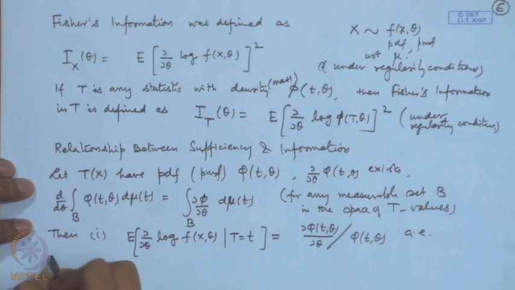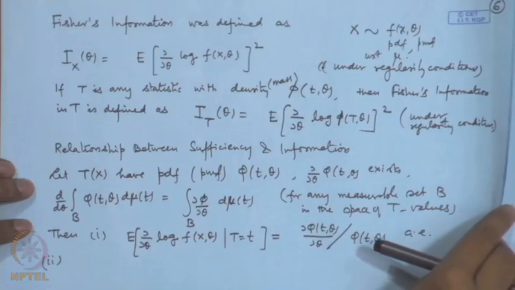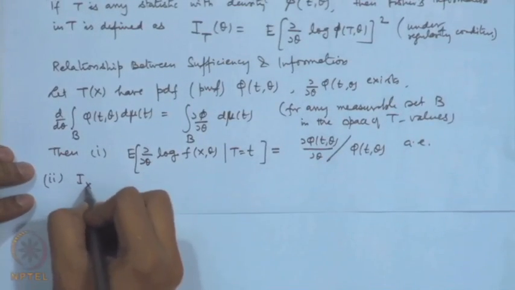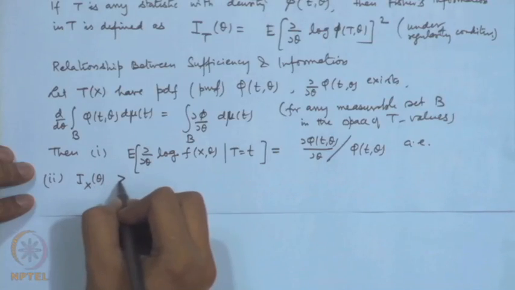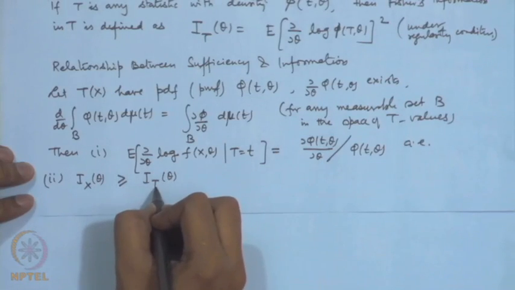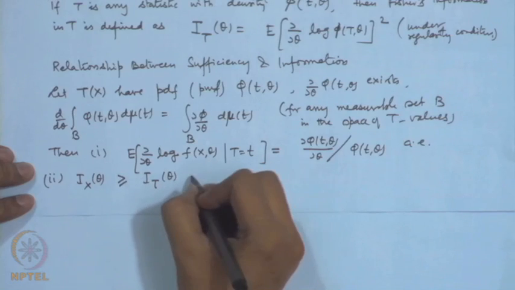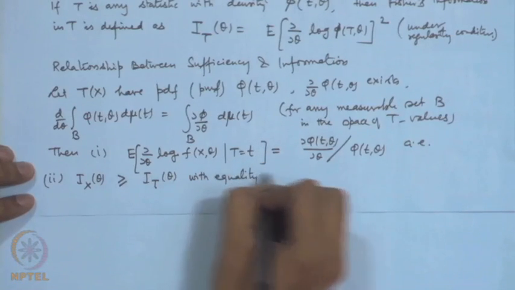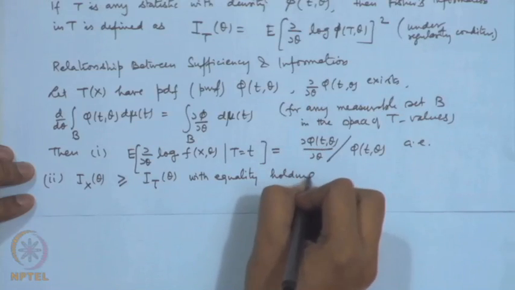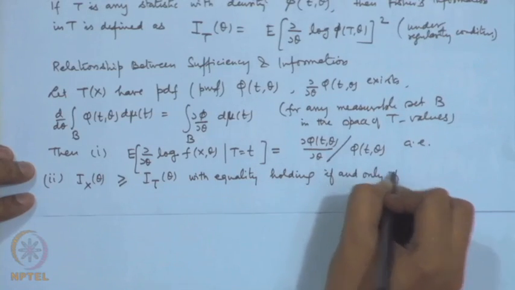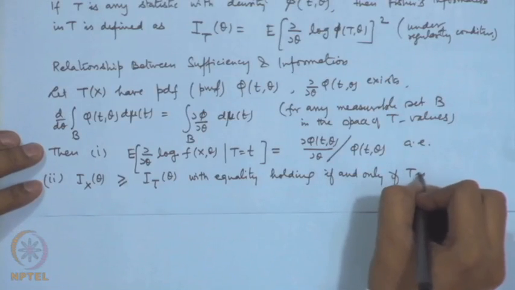Secondly, the information in x is always greater than or equal to the information in any statistic T, with equality holding if and only if T is sufficient.